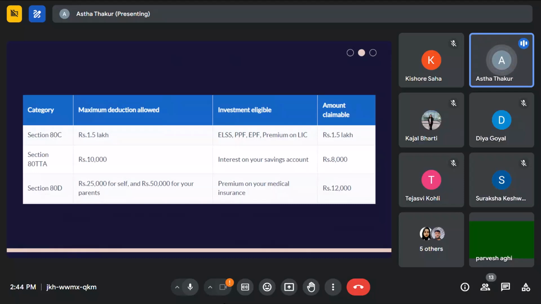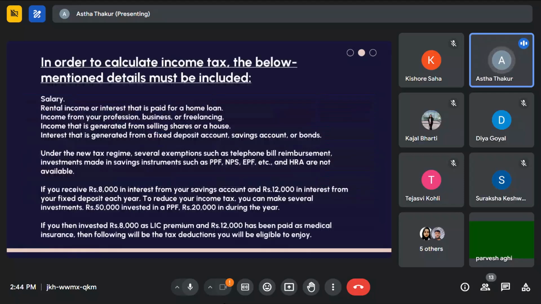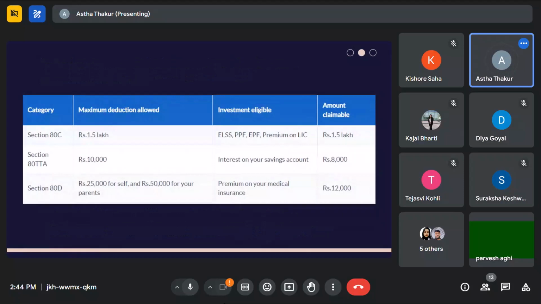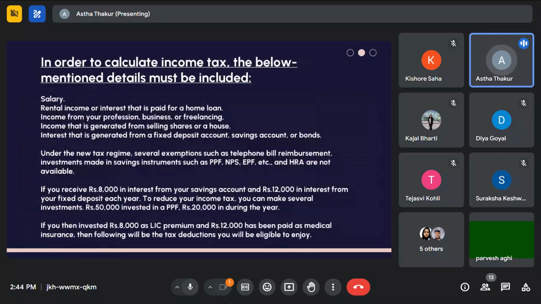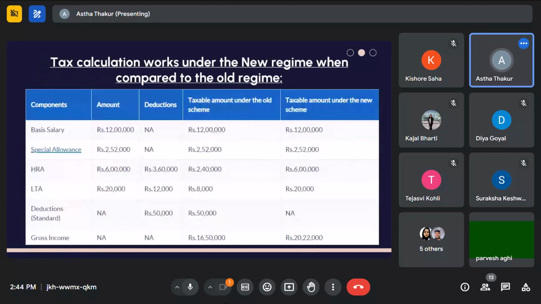But what we claimed were 8,000 and 12,000, which I mentioned in the previous paragraph.